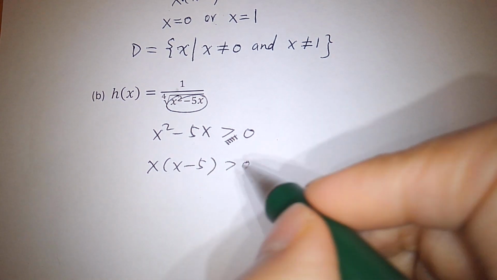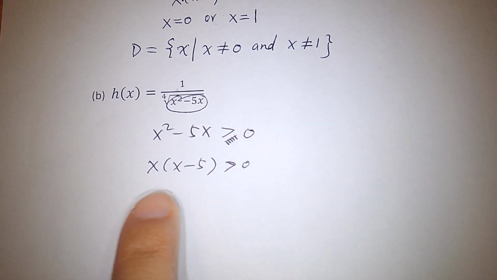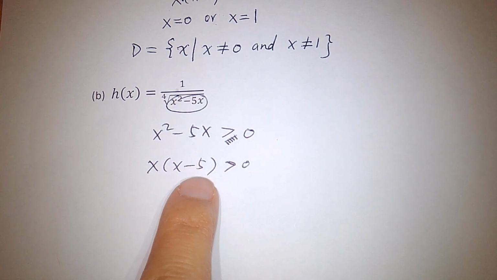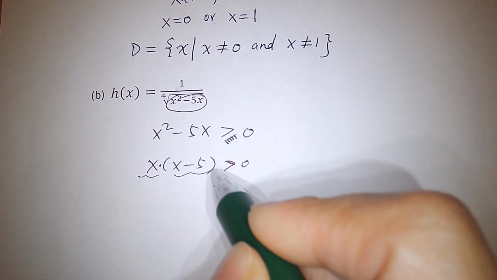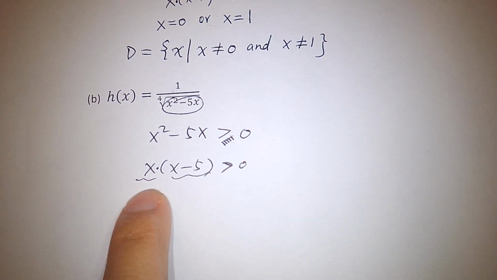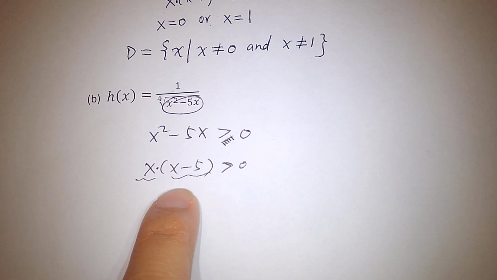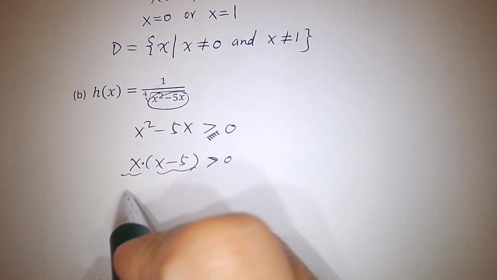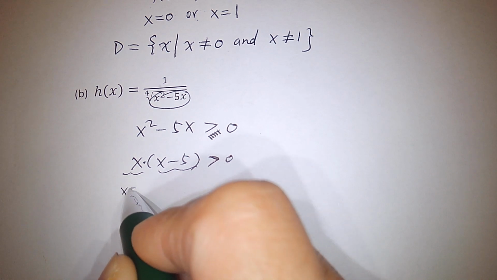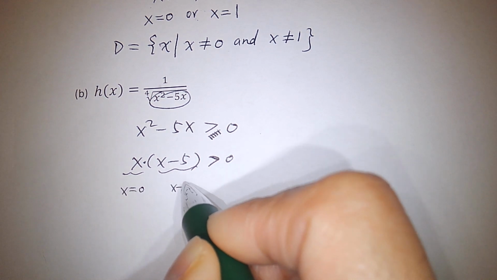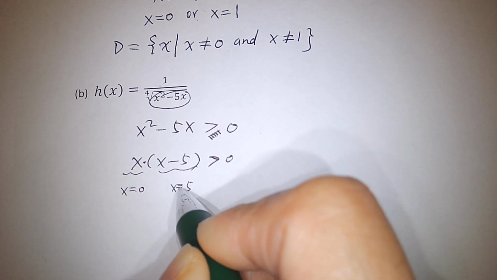And then x times x minus 5 greater than 0, okay? So we have two factors, and each factor gives us an x value. From x, x equals 0; x minus 5 equals 0 gives us x equals 5.